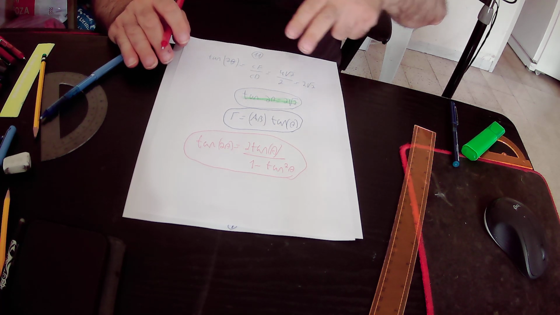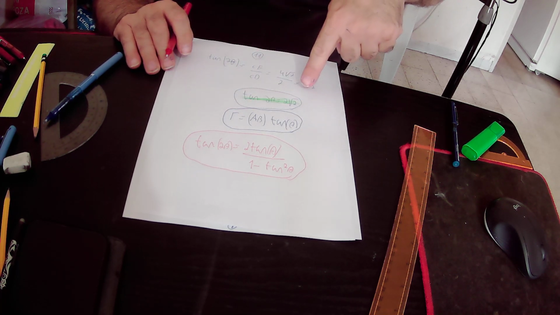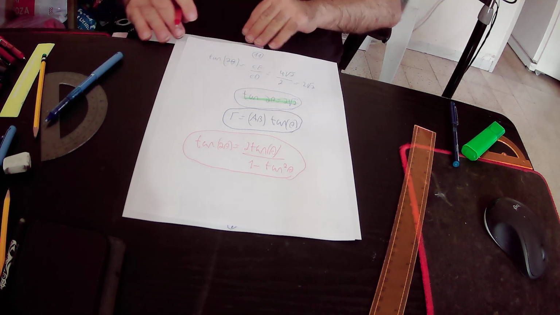But we have already found out that tangent 2 theta equals 2 times root 2, so we can substitute tangent 2 theta by 2 times root 2.